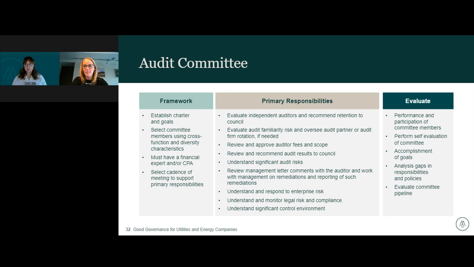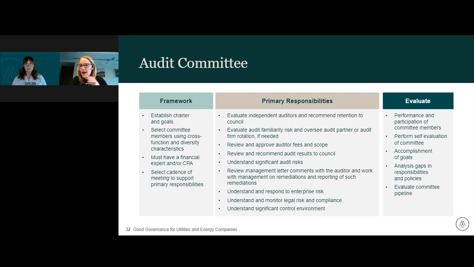I think that's really important for some of the conversations that are going to come down the pipe. A lot of the primary responsibilities in this group are really on the external audit and, if you have one, the internal audit function, and really setting, not getting deep in the weeds, the fees and the scope of what they're doing on an annual basis, and whether that meets our organizational goals. So make sure you're a part of that.